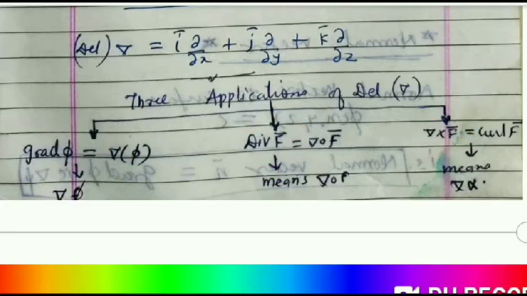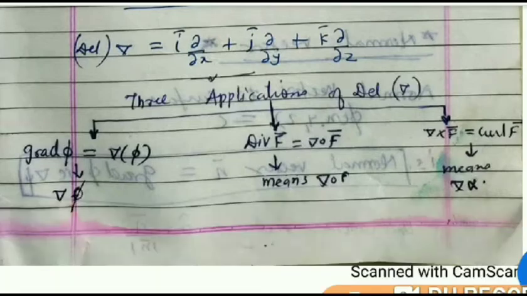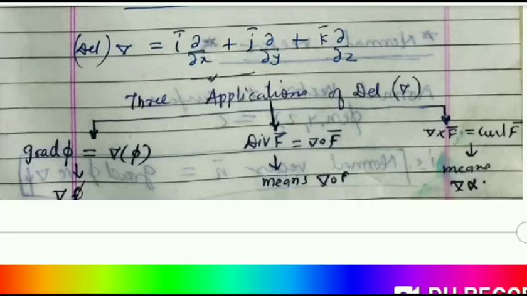Here divergence of f bar equals del dot f bar. So divergence means del dot. And curl of f bar, that means del cross f bar, equals curl of f bar.